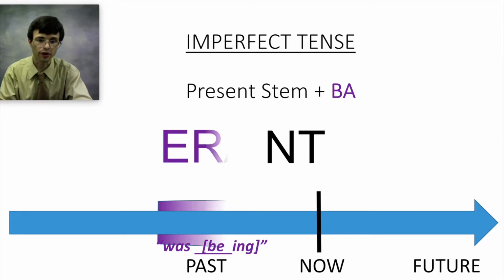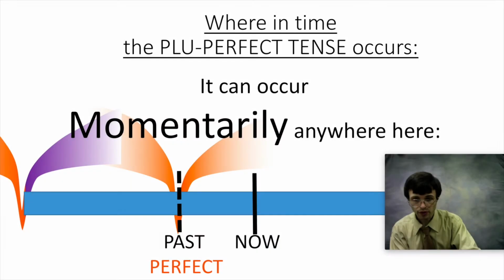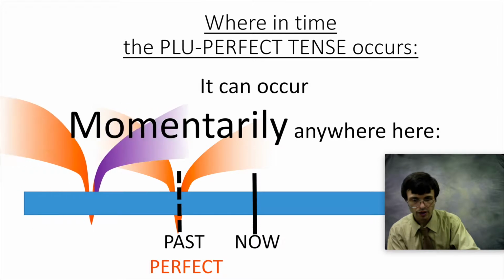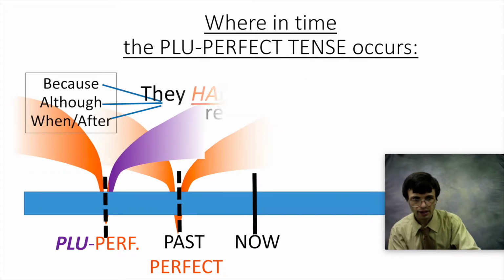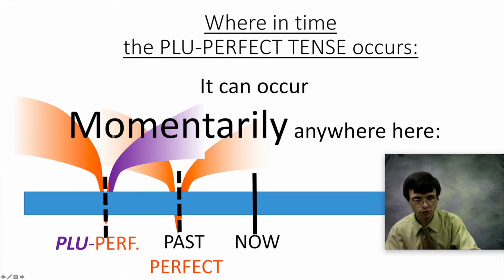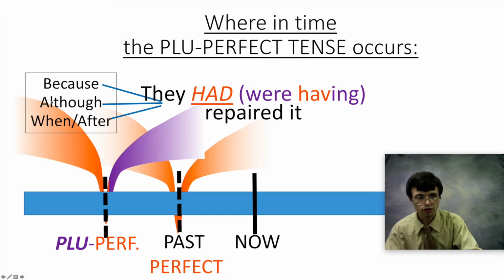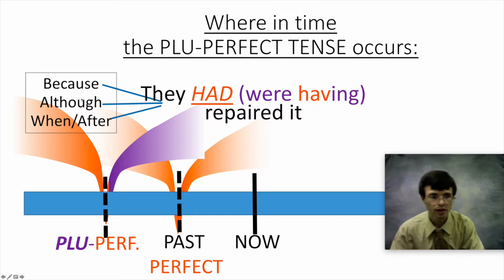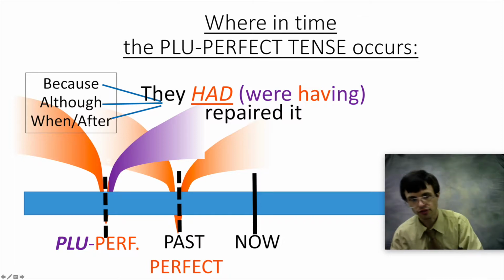And so therefore it's going to have a more complex meaning. But today we're going to see that the pluperfect can occur anywhere here, and that it is almost always introduced by one of these four adverbs: because or although, which are kind of opposites, and then when and after.